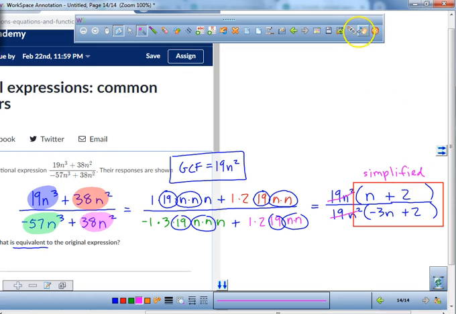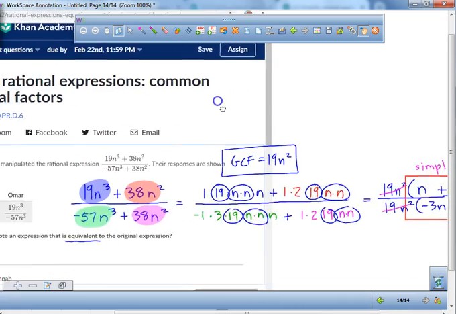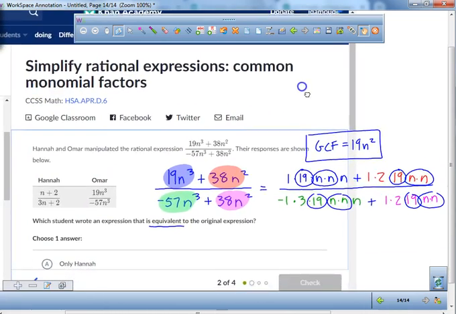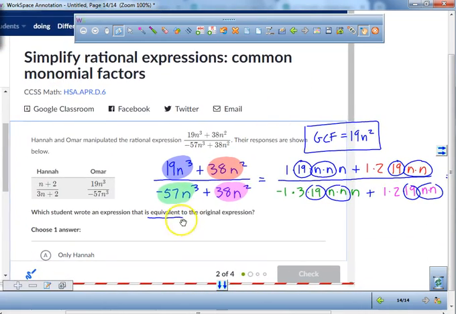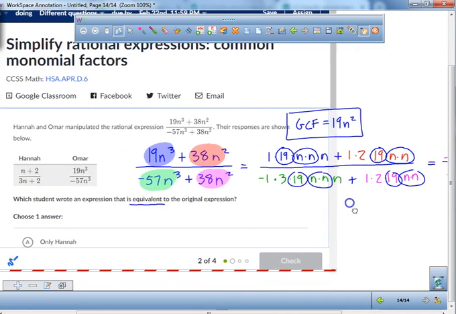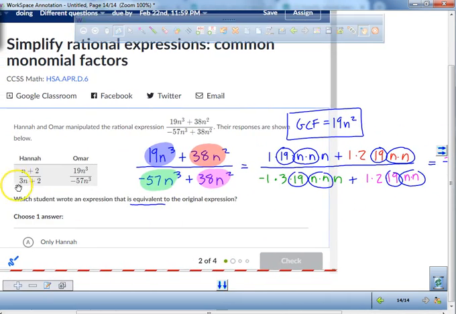So we're going to go over here and see if Omar or Hannah has that. Hannah. She's so close. Oh, she forgot a negative. So even though she's close, she's not right. Omar, not even in the ballpark.